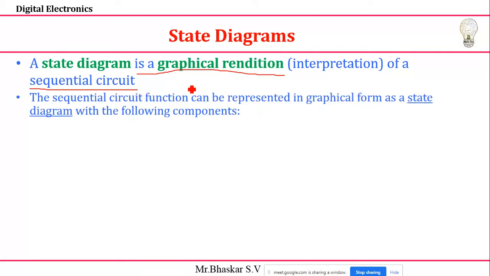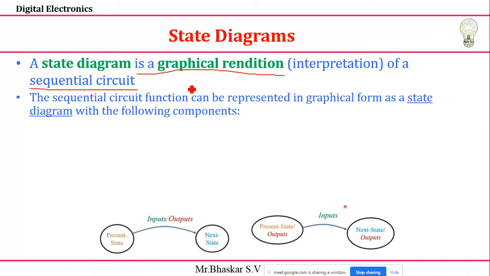Next, the sequential circuit function can be represented in graphical form, or a state diagram, with the following components. If I want to represent any sequential circuit in a graphical representation, we should know how we are going to represent it, and it requires some components. What components are required?